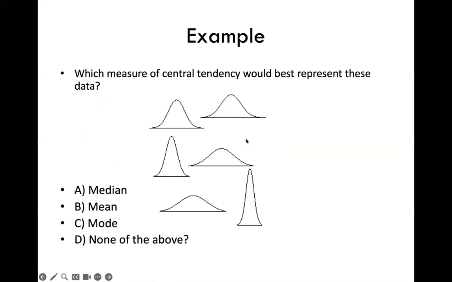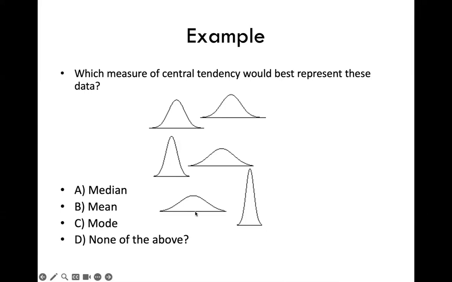Okay, so here's another example. We're seeing bell-shaped curves, but they're of all different shapes. As we'll describe in a moment, what this means is that the mean is still the best measure here, okay? But the data are really spread out around the mean in this curve, for example, or this one.